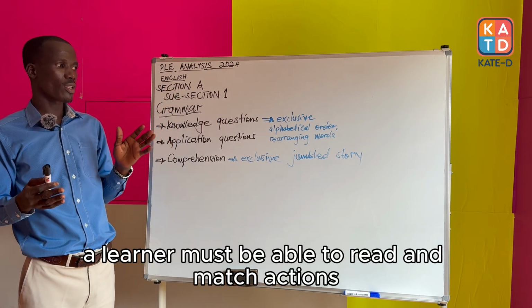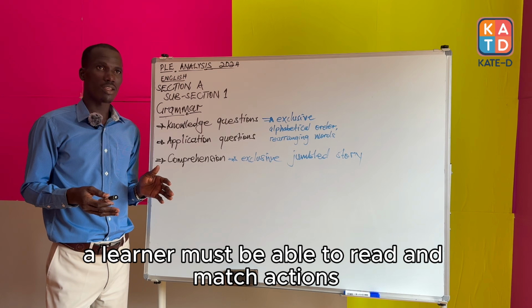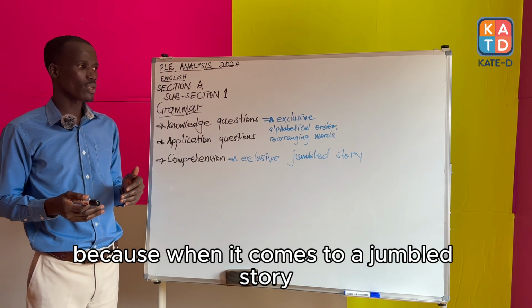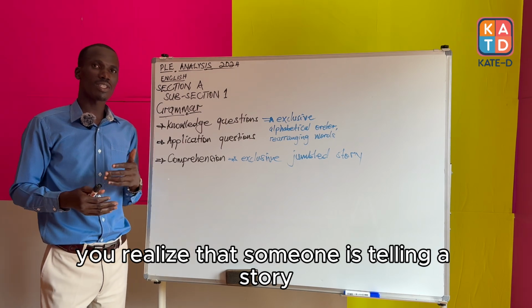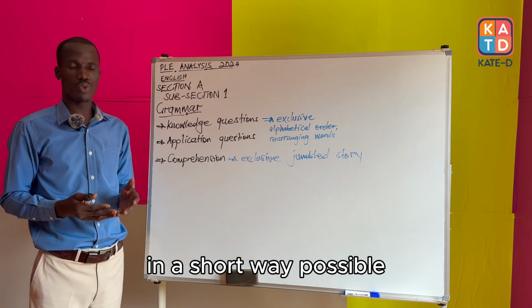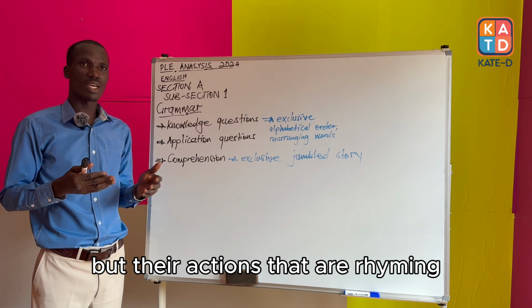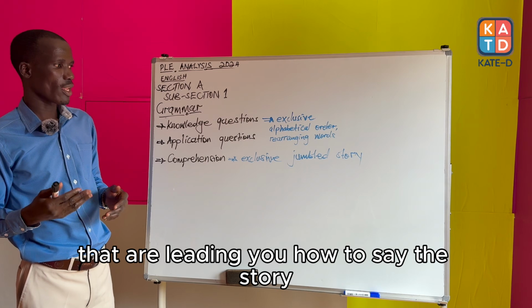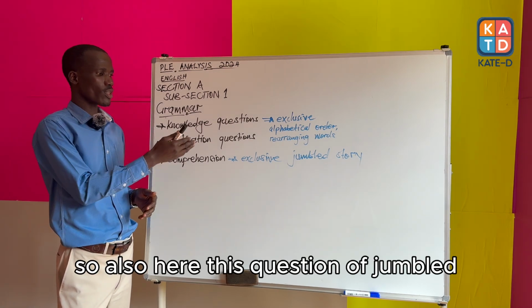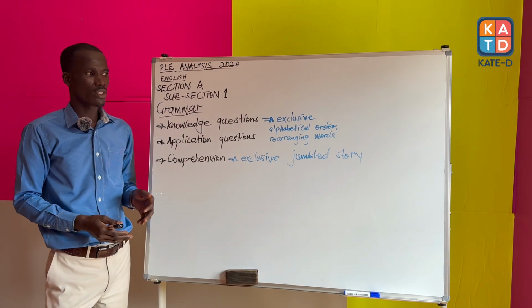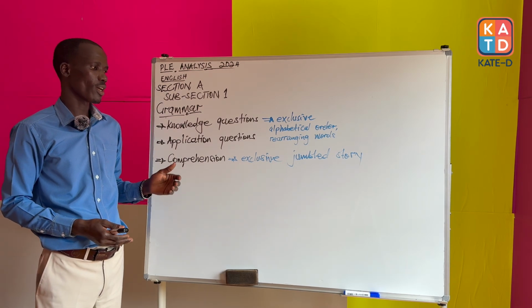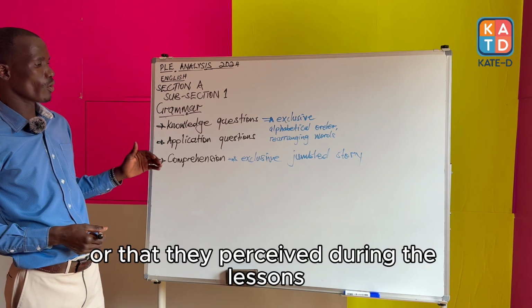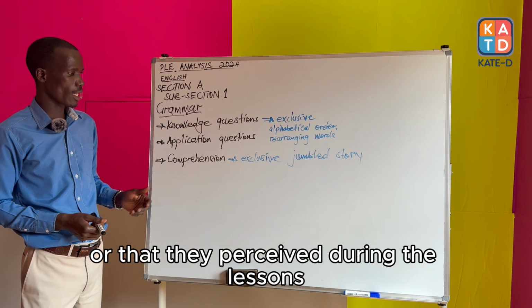A learner must be able to read and match actions, because when it comes to a jumbled story, you realize that someone is telling a story in a short way possible, but there are actions that are rhyming, that are leading you how to say the story. So also here, this question of jumbled, still learners are being tested the application of knowledge that they learned or that they perceived during the lessons.